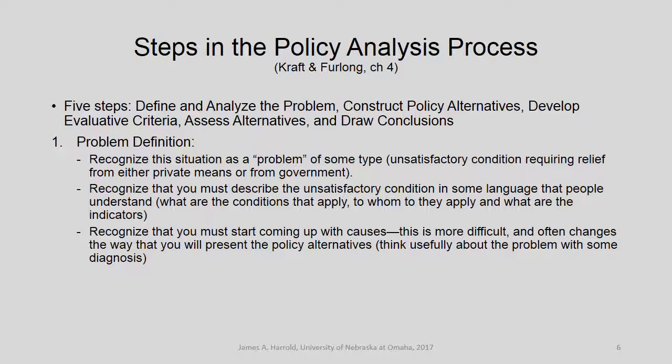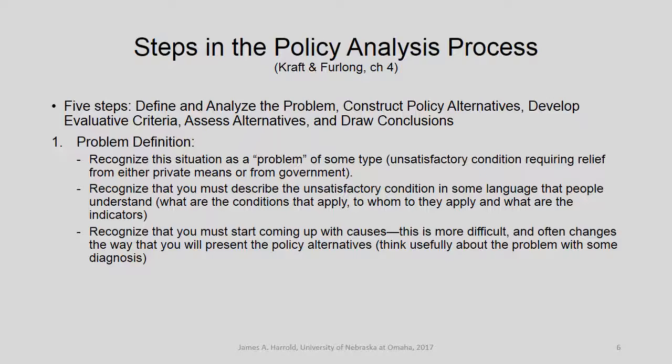Then you start talking about how we describe this in ways that people understand. You might start out by saying, we used to have a swimming pool. The swimming pool is falling apart. We can't maintain it anymore, and it will cost us more to maintain it than to build something new. Who does that apply to? The children. Why do we care that the children have something to do?